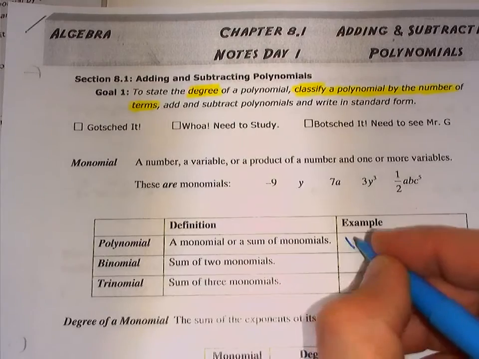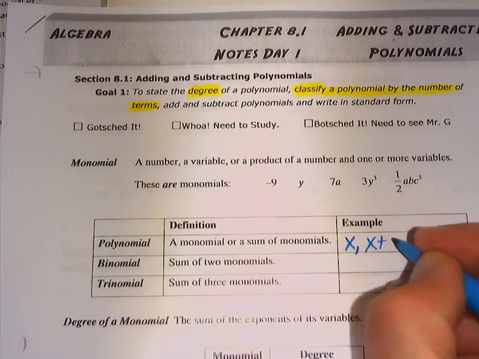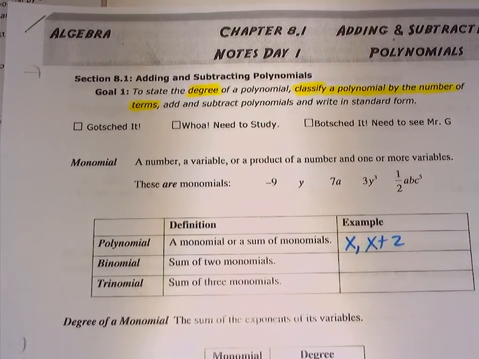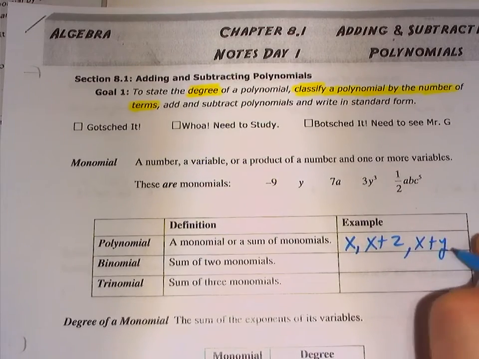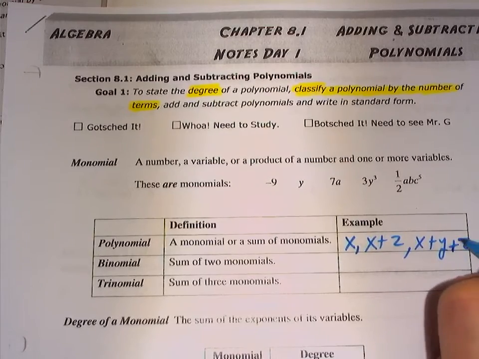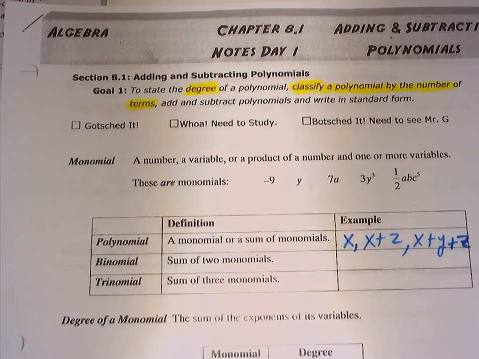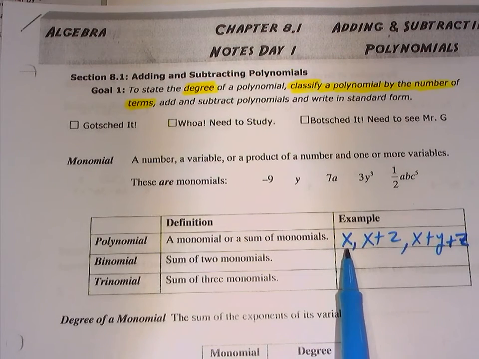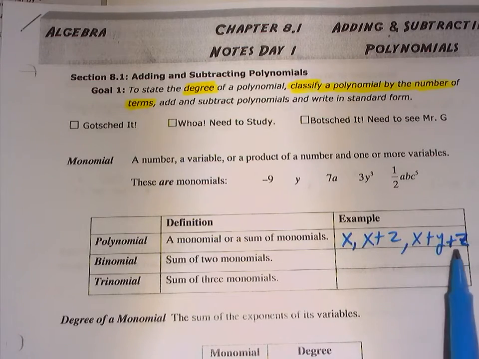So, for example, x is a polynomial. x is a monomial also. x plus 2 is an example of a polynomial. x plus y plus z, and that's my z, guys, I put little slashes through so I can tell them apart, is also an example of a polynomial. x has one term, x plus 2 has 2 terms, and x plus y plus z has 3 terms.